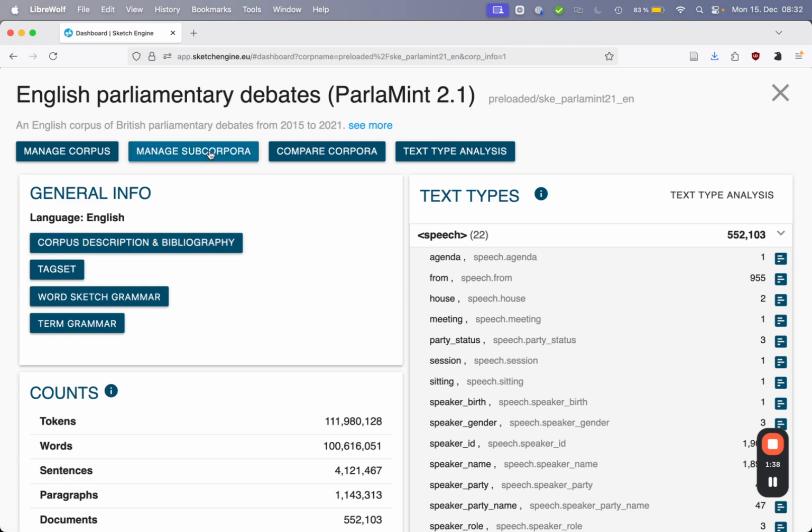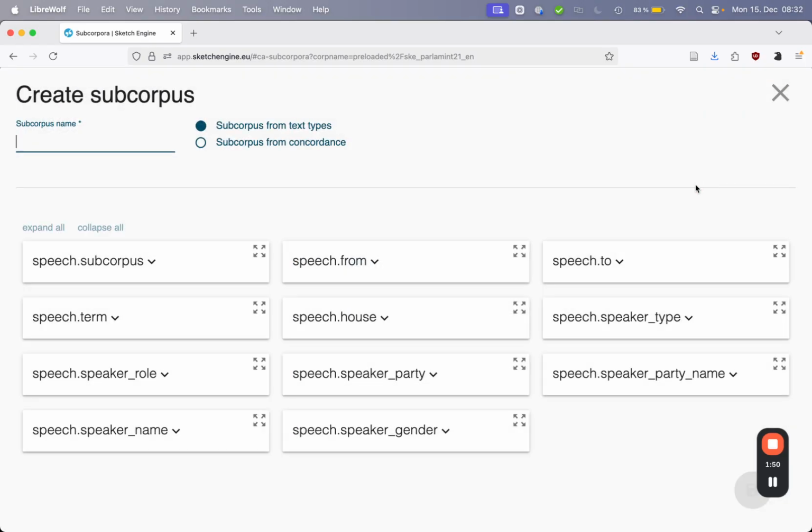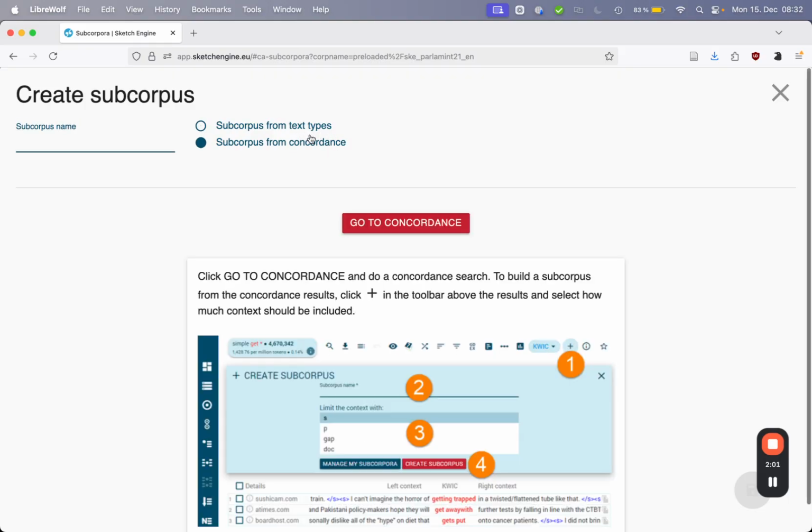And in particular, I can also manage the subcorpora. So a subcorpus is a part of a corpus, and there are different ways to create subcorpora. I'm going to create one according to text types. In other words, I'm creating a subcorpus based on some metadata as opposed to based on some actual text.